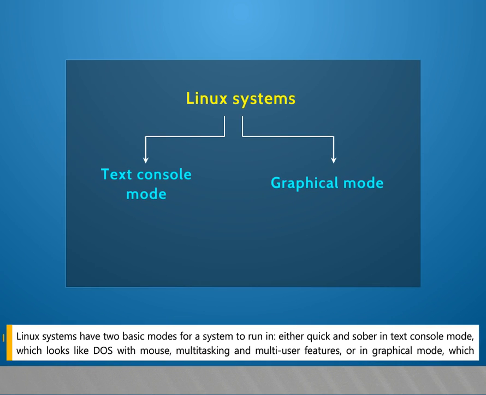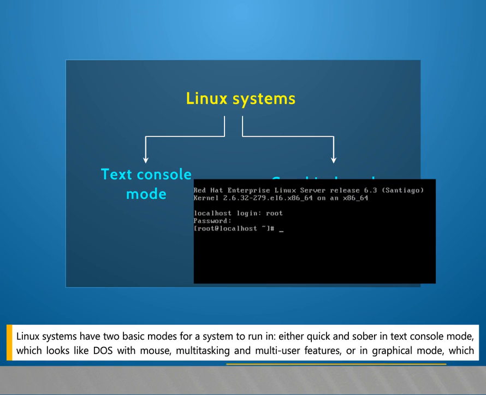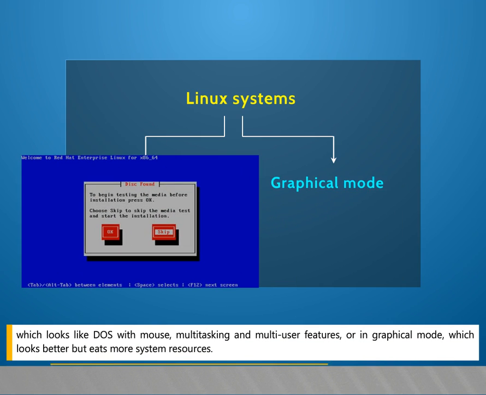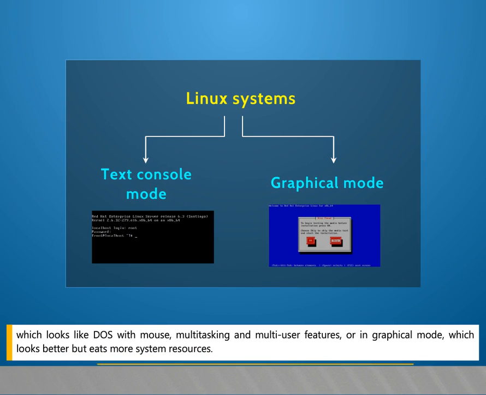Linux systems have two basic modes for a system to run in: either quick and sober in text console mode, which looks like DOS with mouse, multitasking and multi-user features, or in graphical mode, which looks better but eats more system resources.